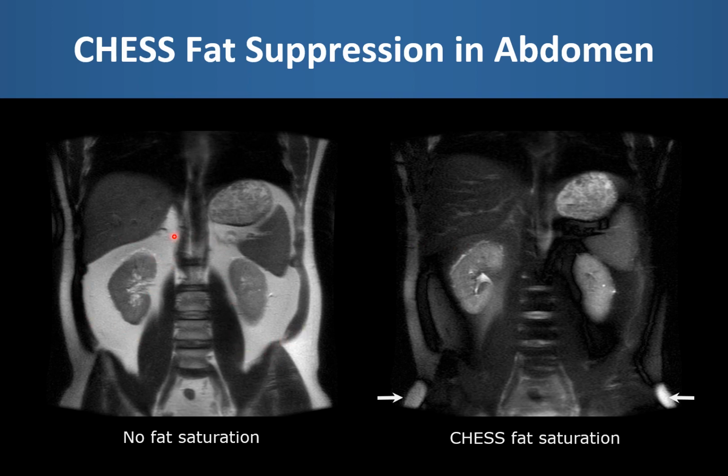This is the white signal, the very bright signal here, which is quite well suppressed. There are small fat saturation failures at the bottom of the images. This is due to the non-uniformity of the static magnetic field, and at these extreme regions the Larmor frequency of fat has now shifted outside the bandwidth of the fat saturation pulse.